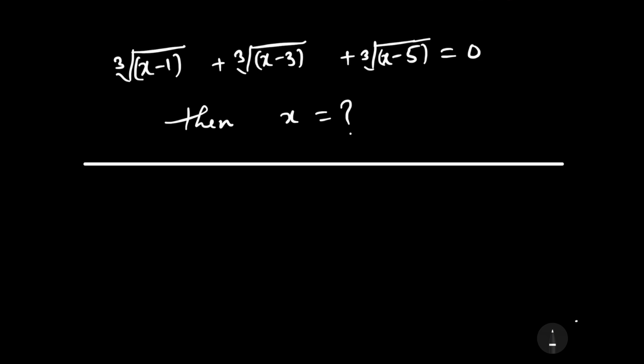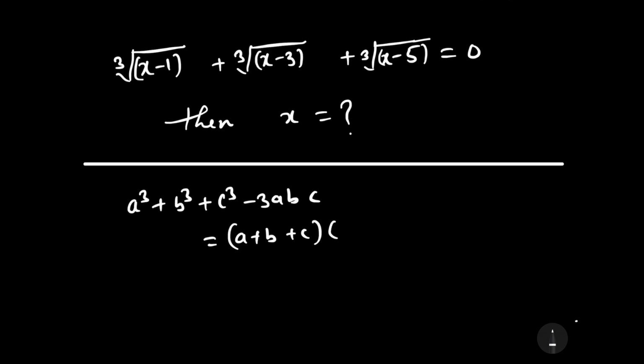Before I start to solve this question, we should know the identity: a cubed plus b cubed plus c cubed minus 3abc is equal to (a plus b plus c) times (a squared plus b squared plus c squared minus ab minus bc minus ca).